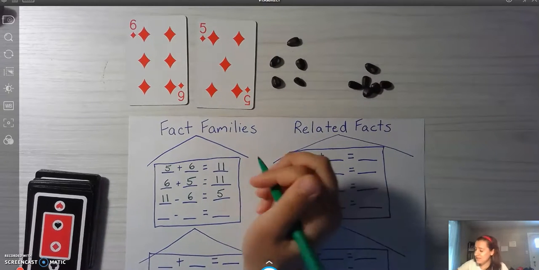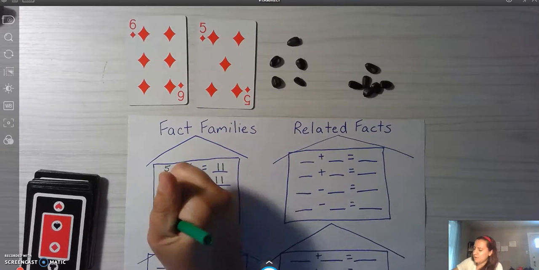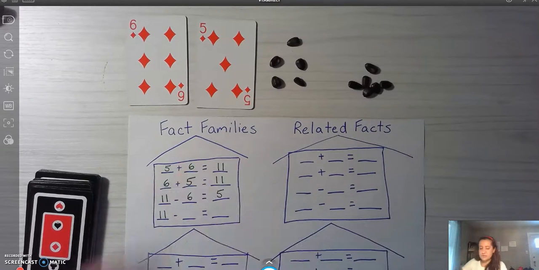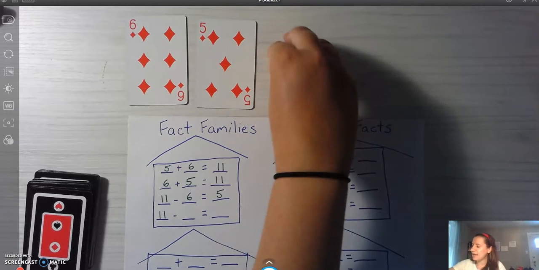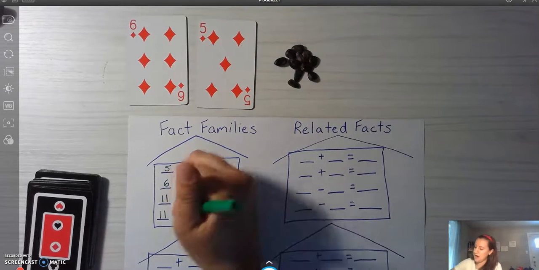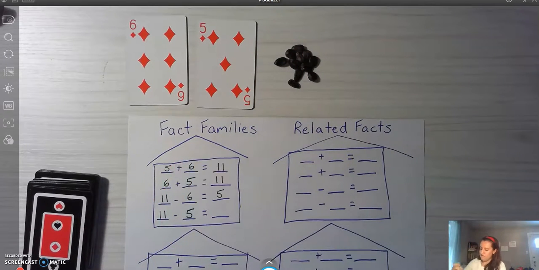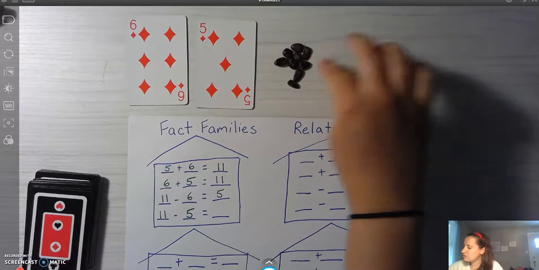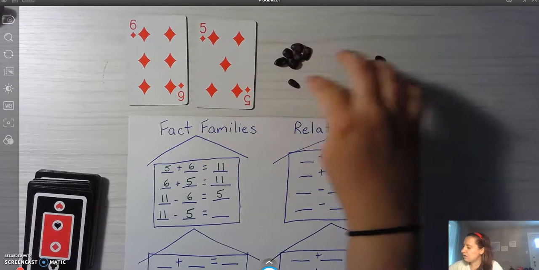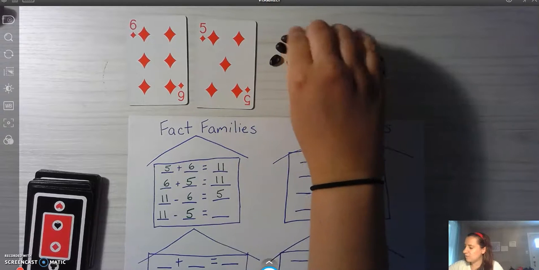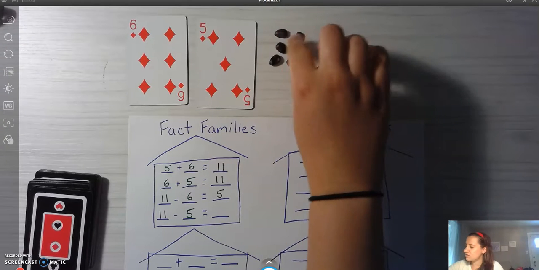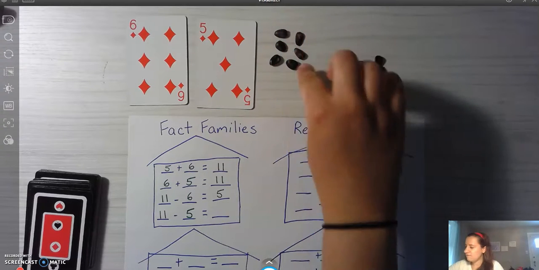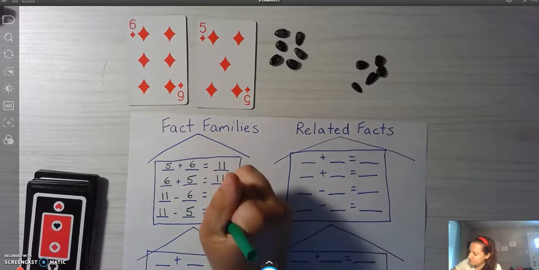You can do the same thing, but it's important to put your biggest number at the beginning. So 11 is at the beginning again. And if I put my 11 seeds back and instead this time subtract 5, let's see how many I get. 1, 2, 3, 4, 5 have been taken away, and I have 1, 2, 3, 4, 5, 6 left.